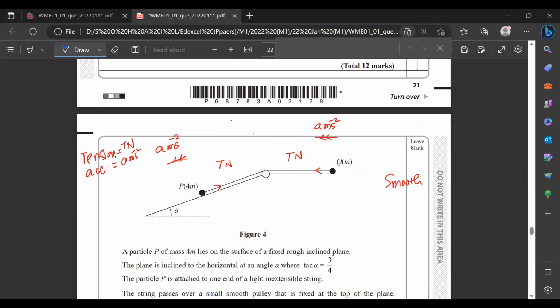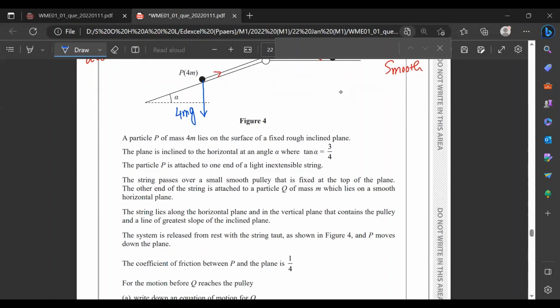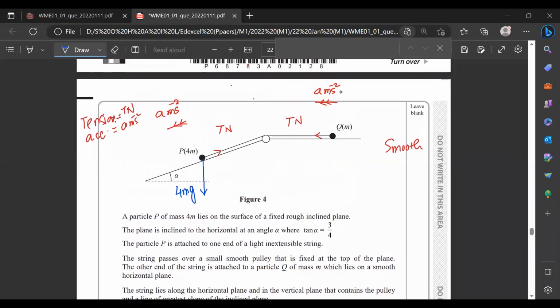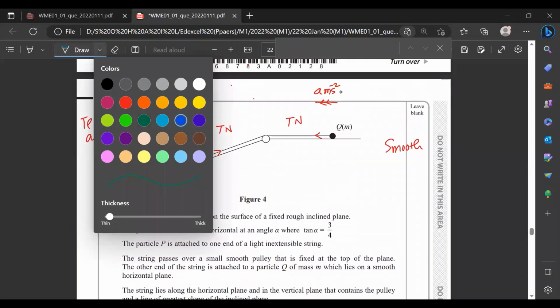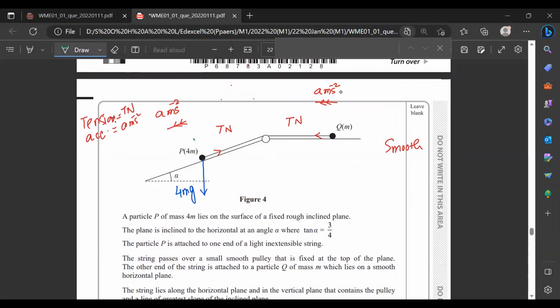For P, the weight is 4mg newtons, and the normal contact force, because it is rough. So R newtons is the normal reaction.